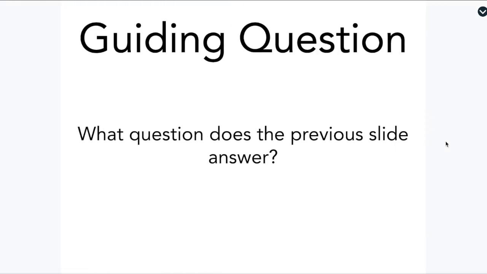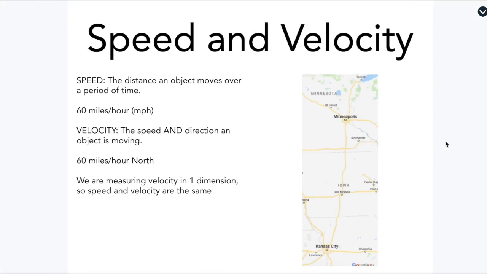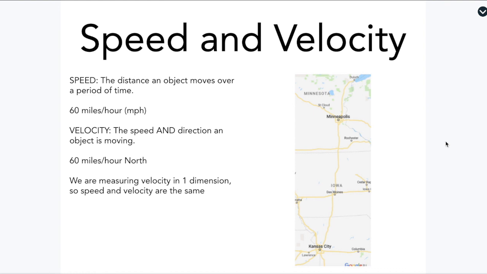So, what question does the previous slide answer? All right, like we have distance and displacement, we also have a difference between speed and velocity. Speed is the distance an object moves over a period of time.